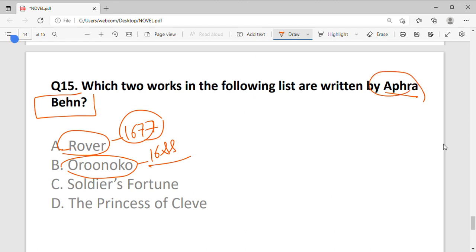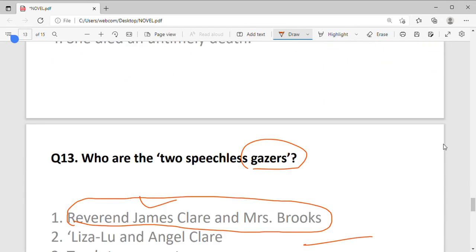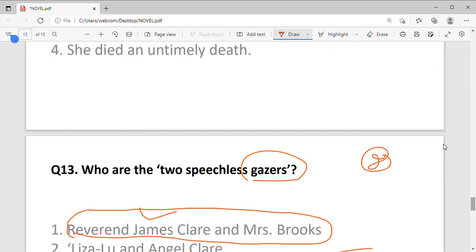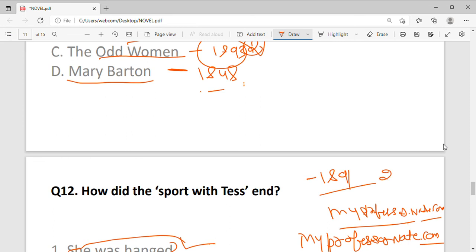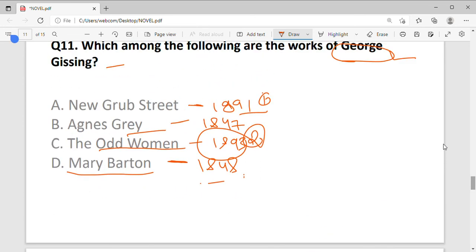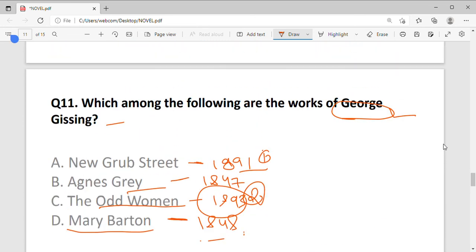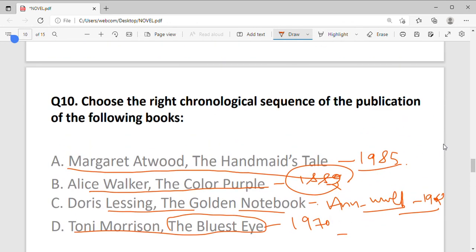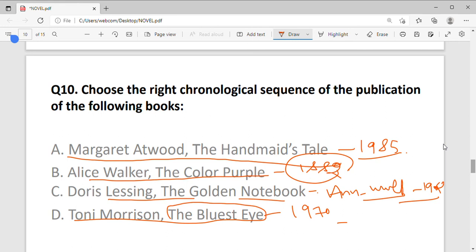Aphra Behn is another British writer. So this is the one question we have from British literature, right? This is again another question we have from British literature, and most of the questions we have here are from the Victorian age. Most of these novels are published in the Victorian age, right? And this is the fourth question we have only from the Victorian age and British literature. And here we have this one, I think in England, even though she lived in Zimbabwe, but she was an English writer.